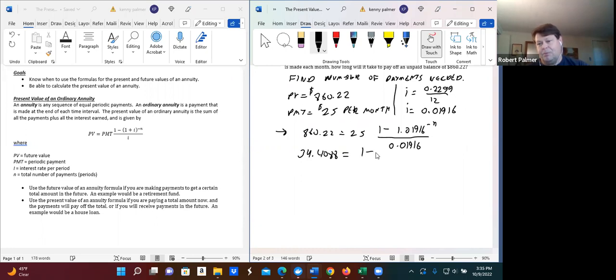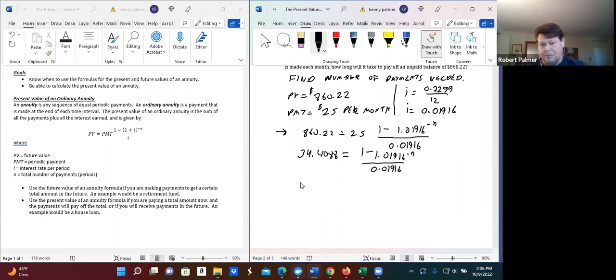That's equal to this 1 minus 1.01916 to the negative n, divided by 0.01916. Now I'm going to multiply both sides by our denominator, 0.01916.